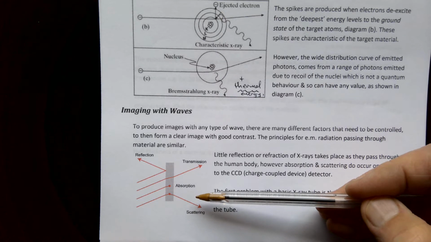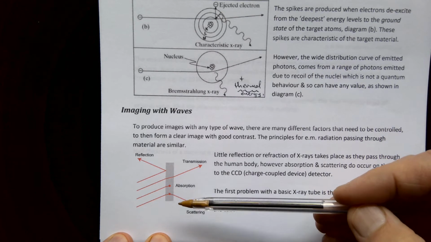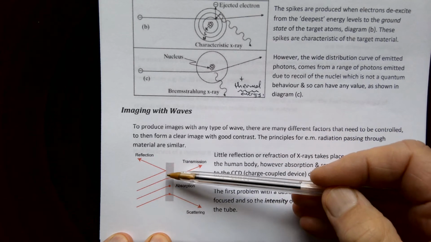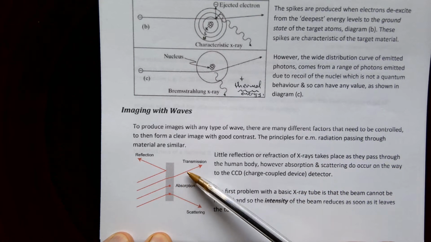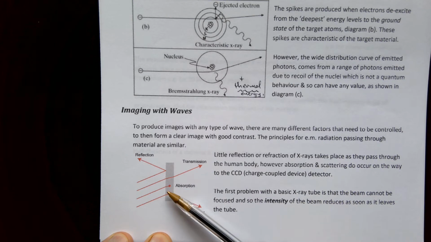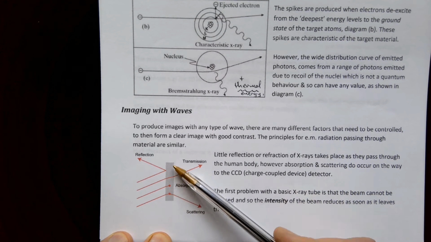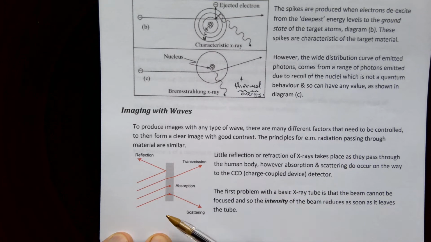However, it's only reflected really well at visible wavelengths. We will still get some rays going through the glass and through the mirroring. Some of it gets absorbed, so some of that energy disappears into the material, making the material warmer, and some is scattered by the actual atoms within it.